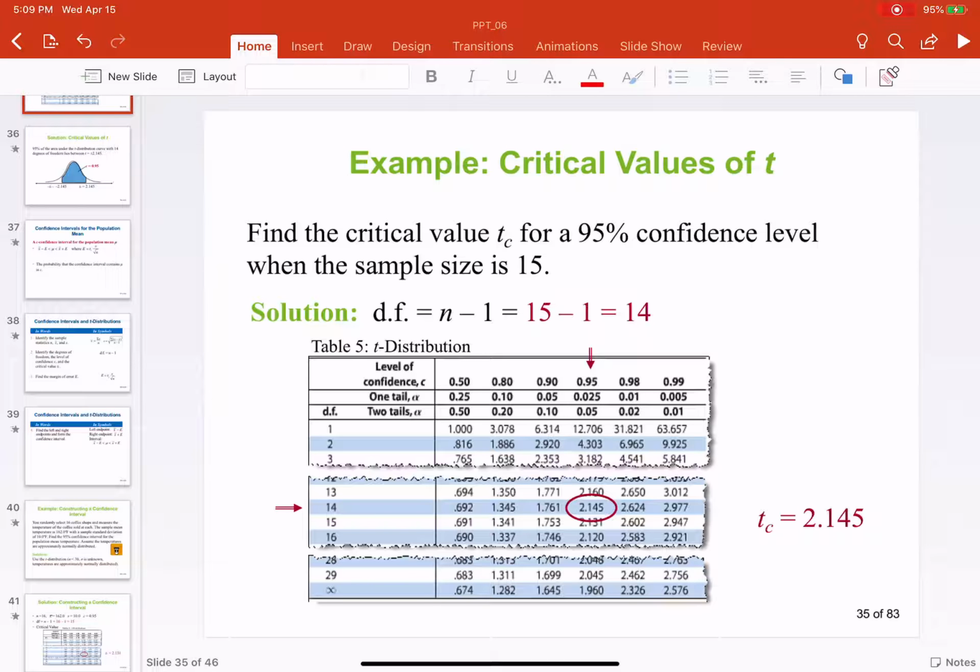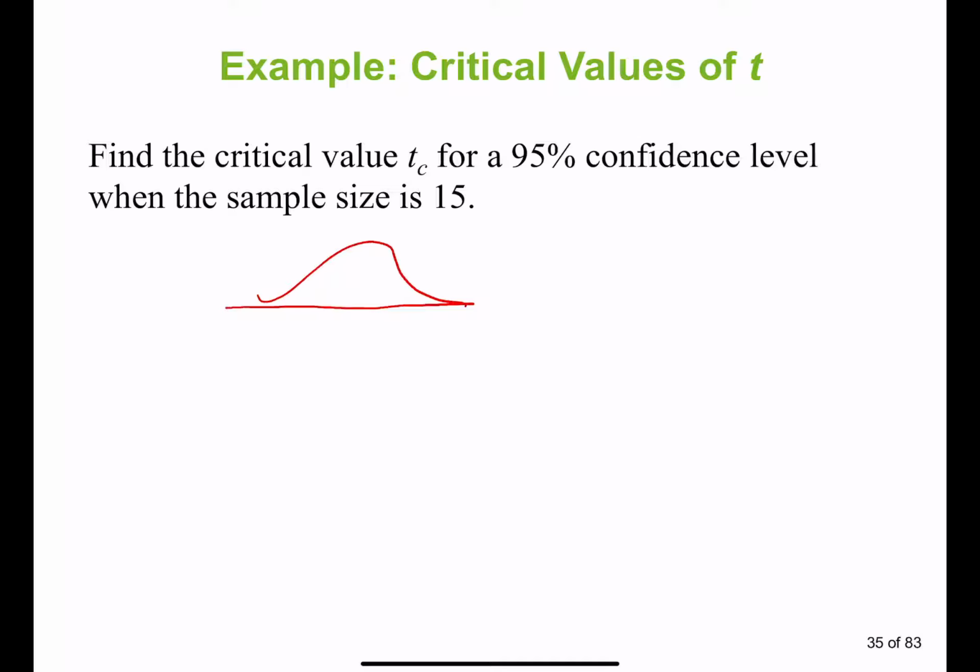If I draw it, use your imagination, it's supposed to be a bell-shaped distribution. And it is going to be 95%. That means we will have a small error. This will be our 95% confidence level, and these small tails are going to be negative t-critical and positive t-critical. For the sample size equal to 15. So let's see how we are going to figure it out.